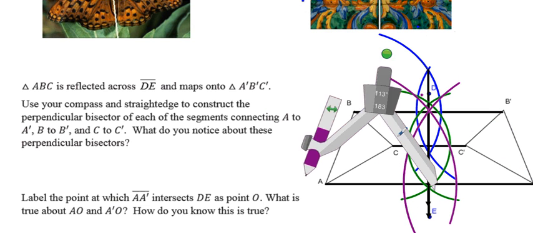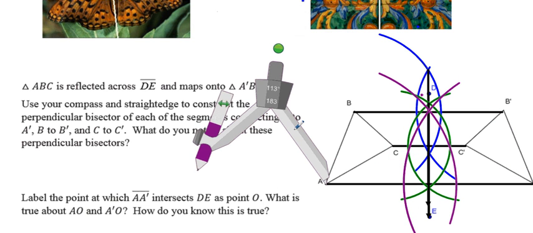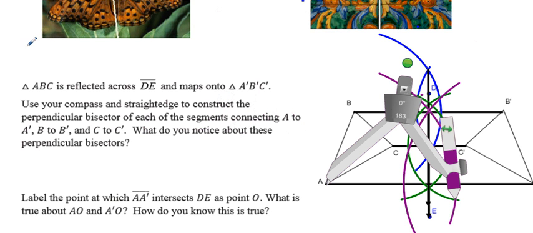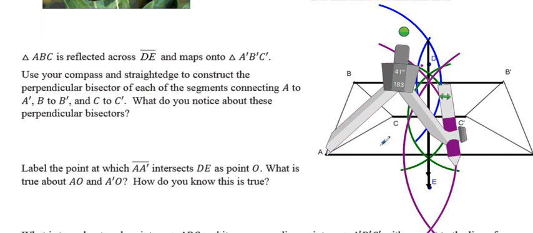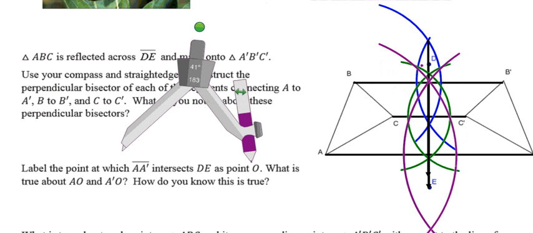Well, and notice that my two purple arcs don't quite cross, so I have to go back and redo this so that it is indeed just right. There we go. Now I can use my straight edge to go ahead and connect.